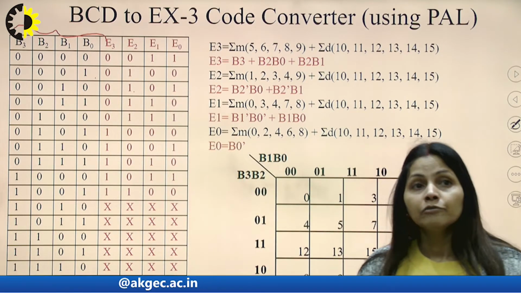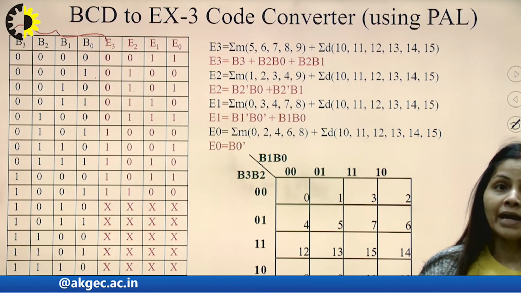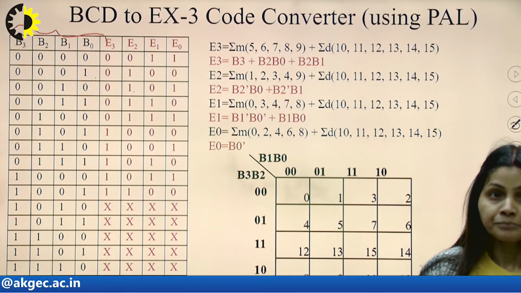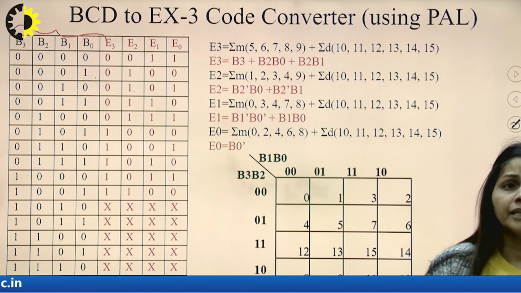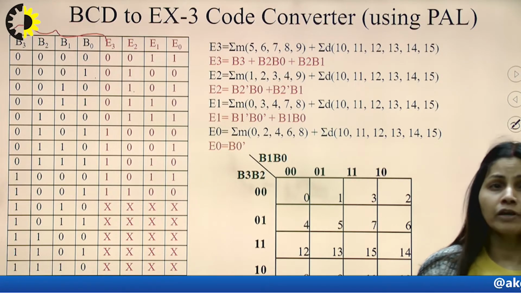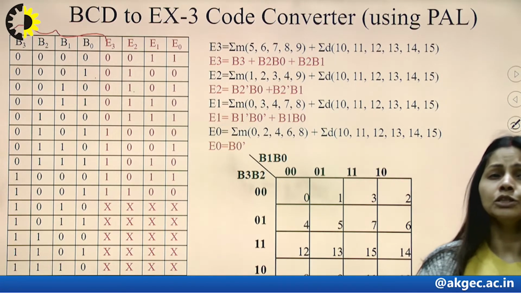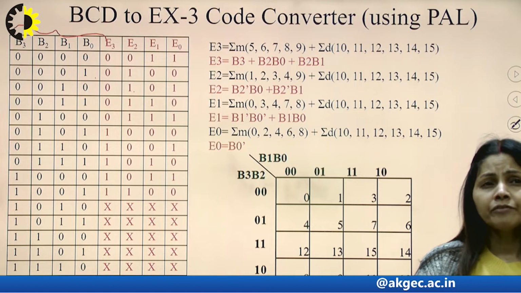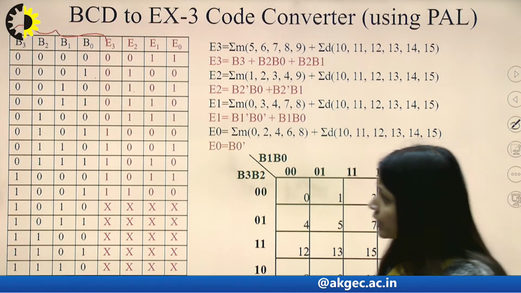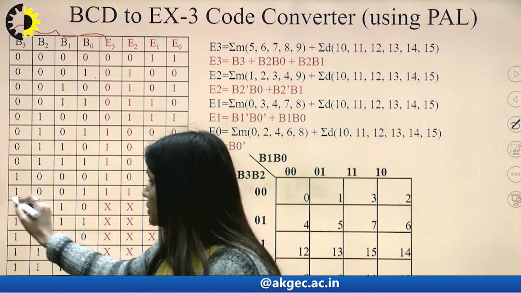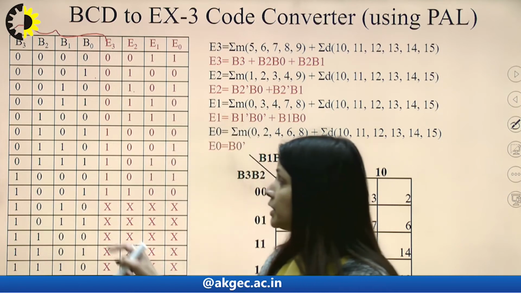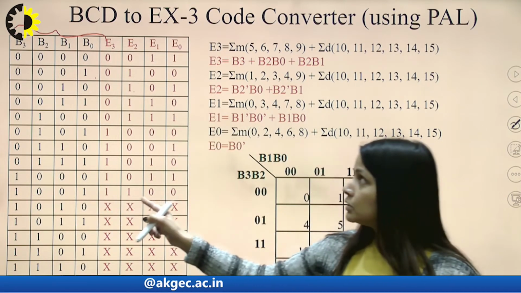For 0, 0, 1, 0, we add 3 to it and get 5, so we write 0, 1, 0, 1. For 0, 0, 1, 1, we write 0, 1, 1, 0. Similarly, we complete the table up to 9 and convert to X3.